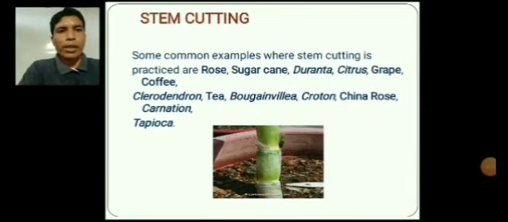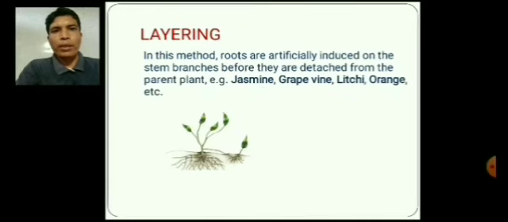Some common examples where stem cutting is practiced are rose, sugarcane, Duranta, citrus, grape, coffee, clerodendron, tea, bougainvillea, croton, China rose, carnation, and tapioca. Now we have layering. In this method, roots are artificially induced on the stem branches before they are detached from the parent plant. Examples of some plants which can be grown by layering are jasmine, grapevine, lychee, orange, etc.